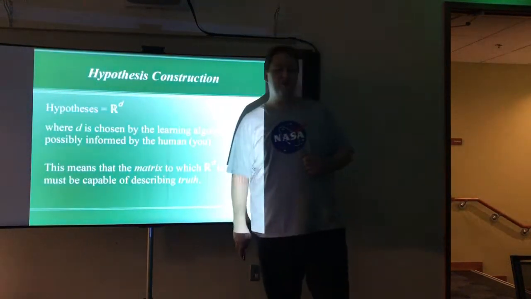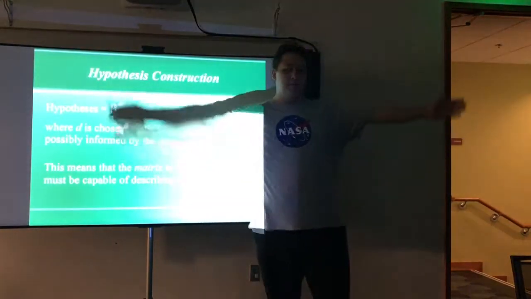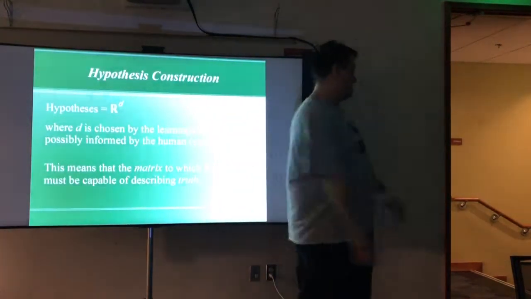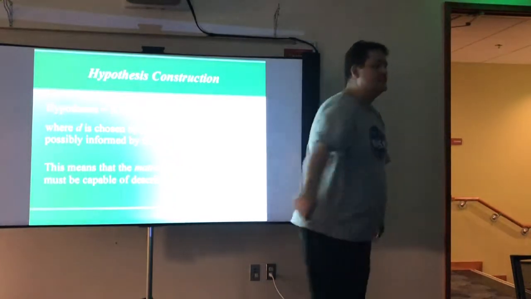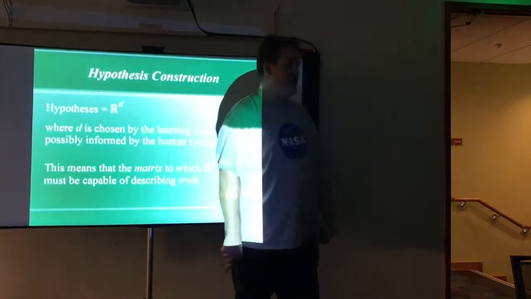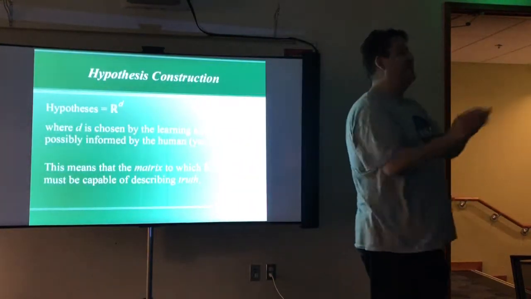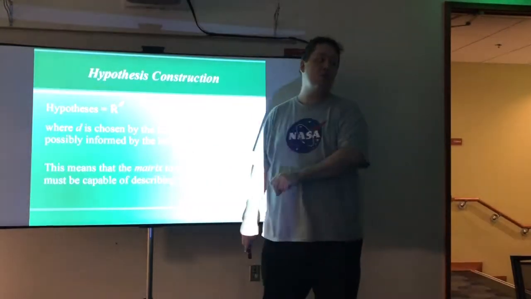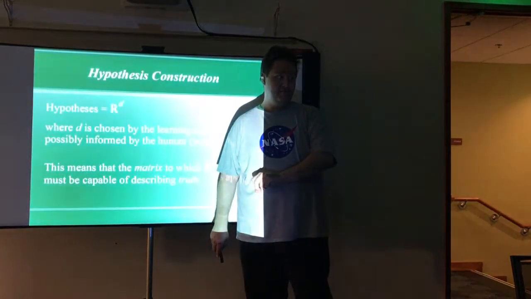I don't have to know the truth is right there, but I do have to be able to say that it's here. So you're trying to narrow down the scope of truth, or broadening. Broadening is fine. Making your hypothesis space broader only costs you more compute time.